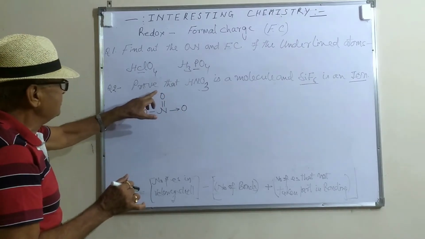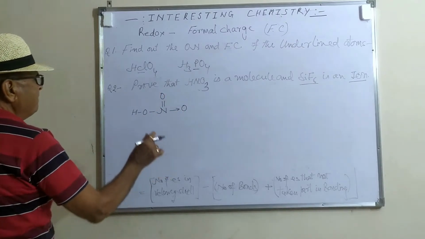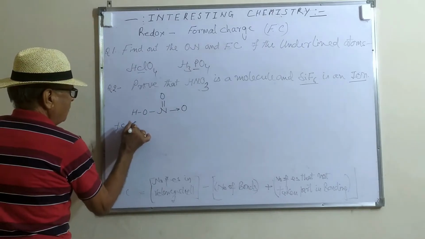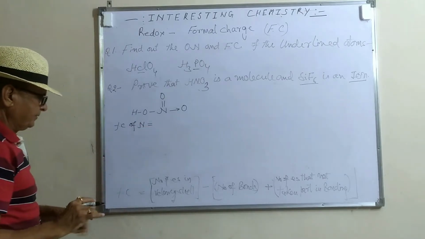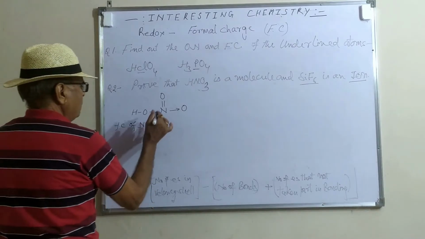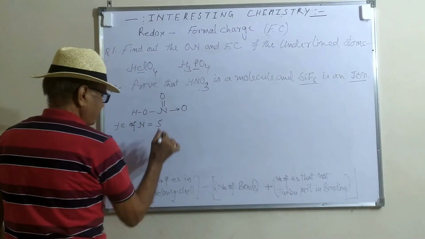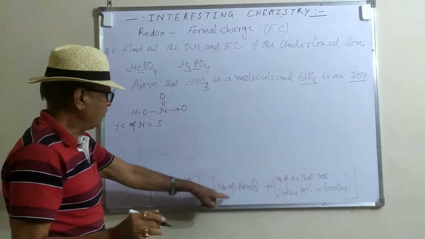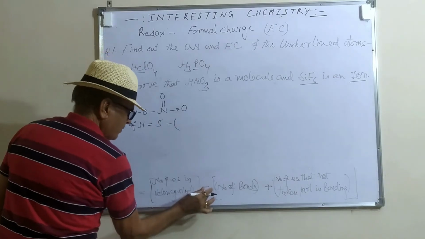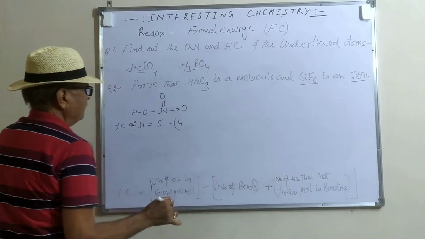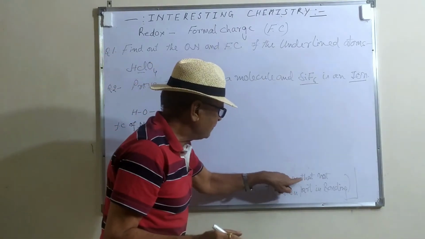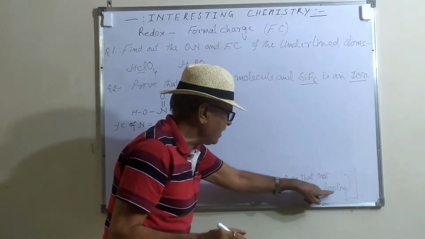First of all, I am coming to the nitrogen. The FC of N is equal to the number of electrons in the valency shell, nitrogen 7 and 7 to 5. So here you can write 5 minus the number of bonds, 1, 2, 4, so 4, and plus the number of electrons not taking part in the bonding.